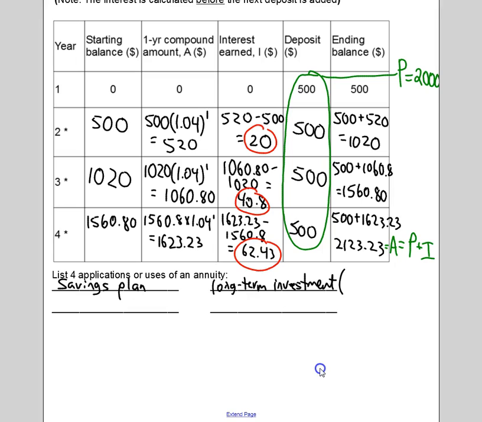Long-term investment goals, for example, maybe retirement, or we could have education, depending on when the annuity is started. Long-term could be parents putting the money in at the birth of their child and investing it for maybe up to 20 years before their son or daughter goes to school.